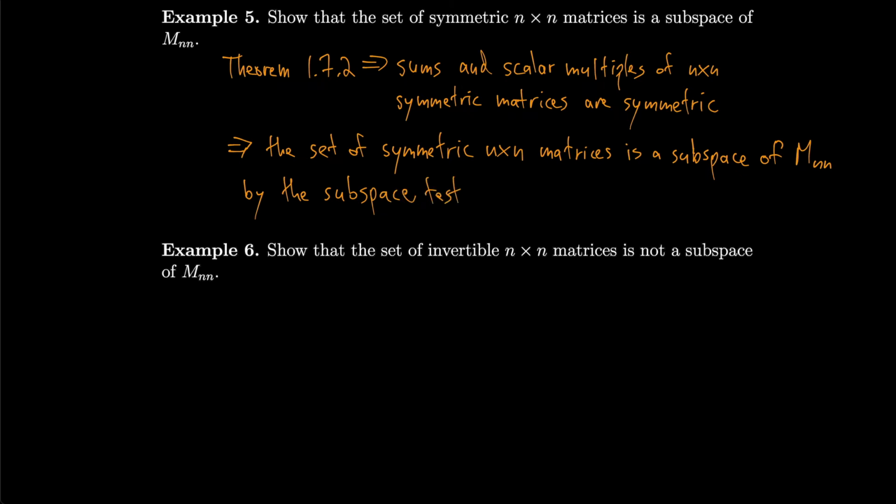By the way, there are a whole bunch of other subspaces of M_nn, including the upper triangular matrices, lower triangular matrices, diagonal matrices, lots of different subspaces. We just happen to only do the symmetric ones.